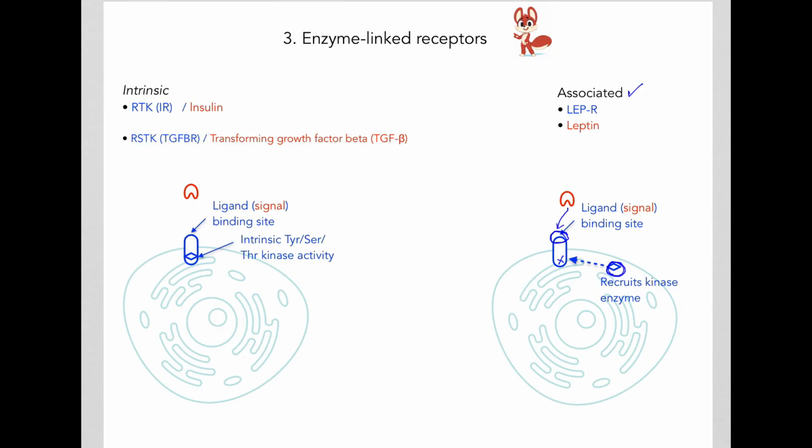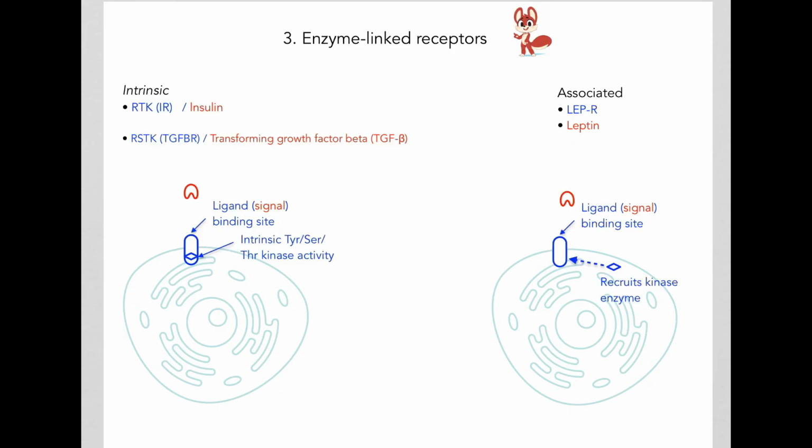So that binding of signal to the receptor will then recruit an external cytoplasmic enzyme that has kinase activity. Okay, so that's the difference between the two. In this case, the receptor has ligand binding and kinase activity. In this case, it has only ligand binding, but it can recruit a kinase enzyme.